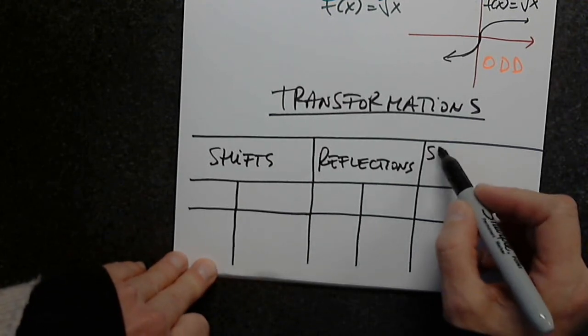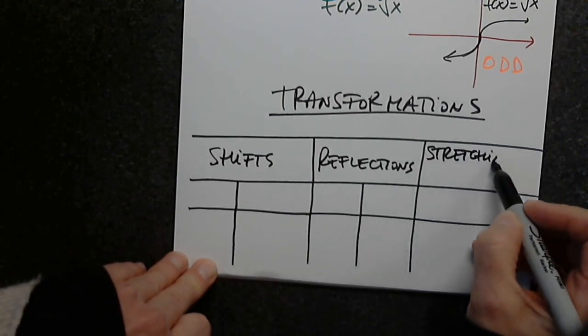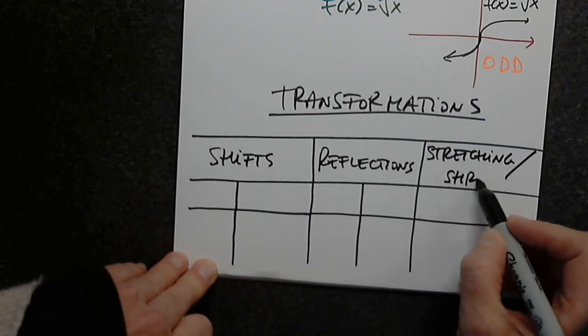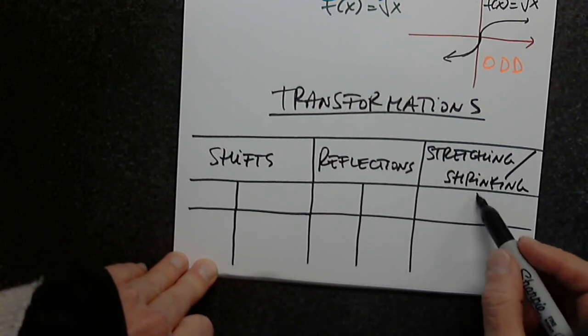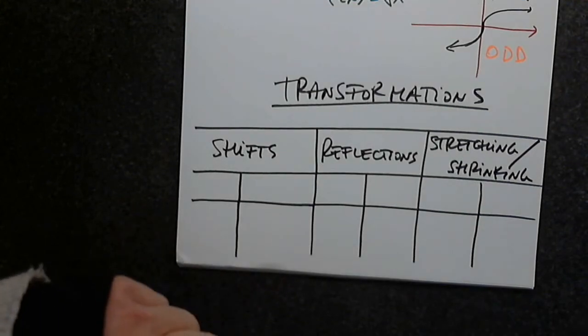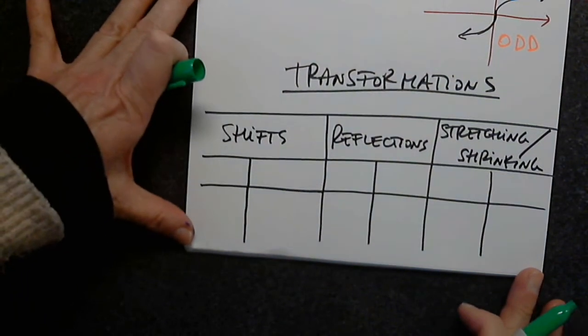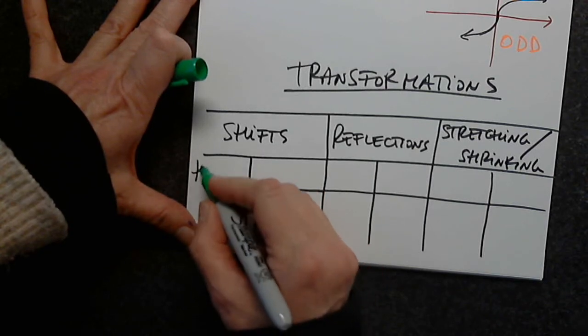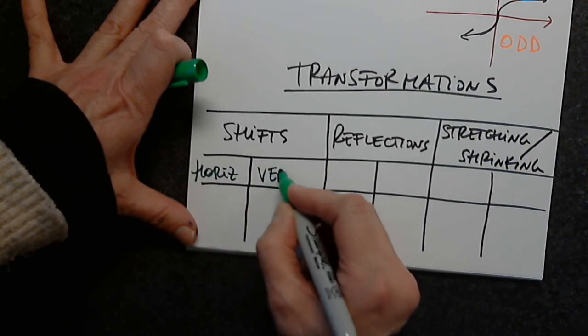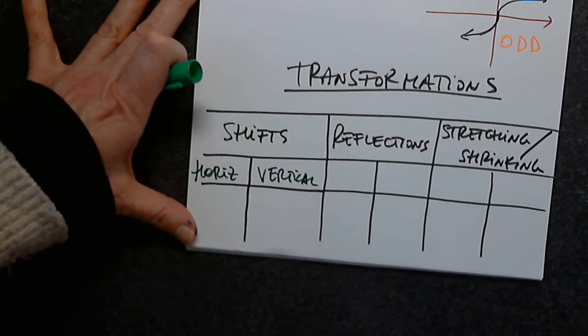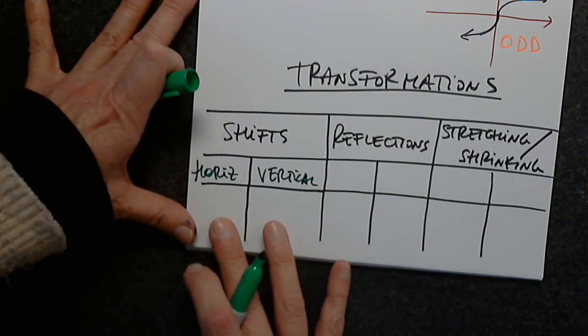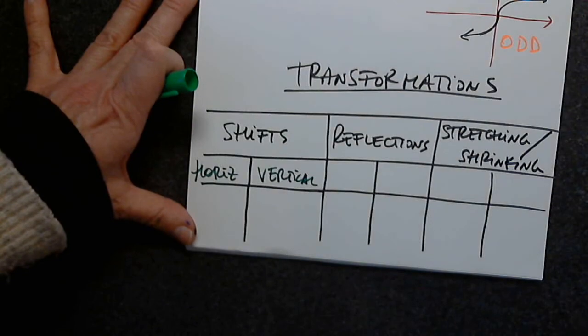And stretching or shrinking, also of 2 types. Shifts, reflections, or stretching and shrinking. Let's start with shifts. Horizontal, vertical. So I'm going to start with that. I'm going to give examples on both, and then we'll come back to reflections and then stretching and shrinking.